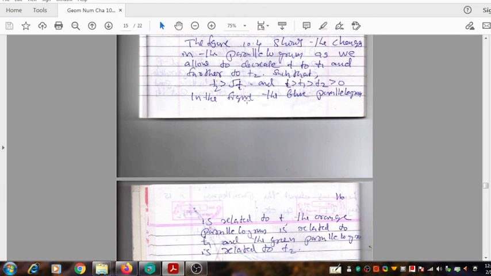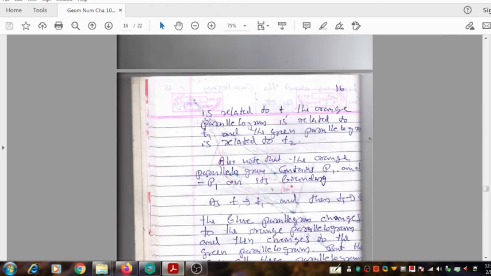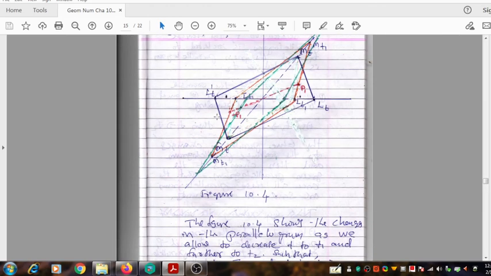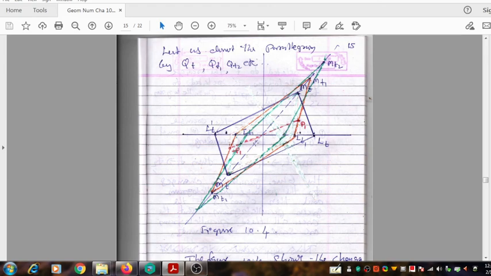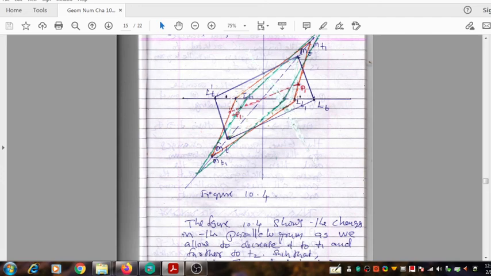So considering these two relations, and also referring to the figure, the blue parallelogram is related to t, the value of t, and the orange parallelogram is related to t1, and the green parallelogram is related to t2.